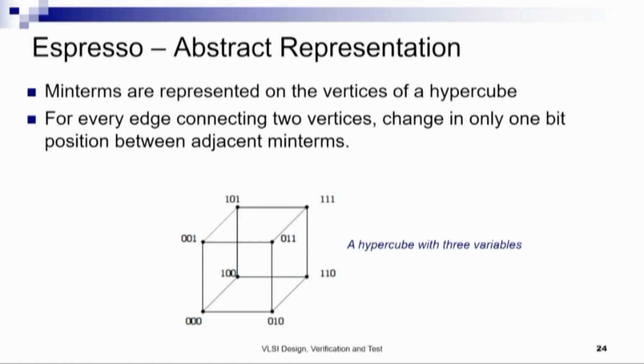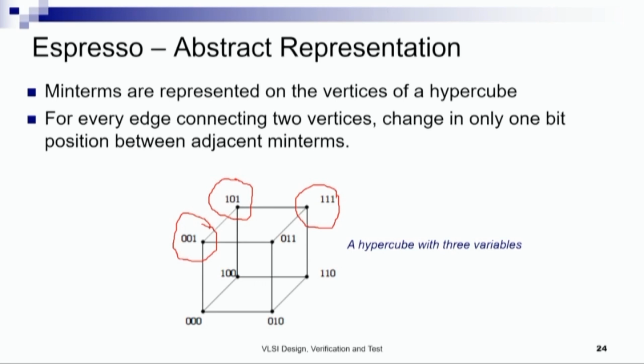For example, here this is a min term, this is another min term, this is another min term. This is a 3 variable function, and all the 8 min terms have been represented on the vertices of a hypercube. Here this is a cube, 3-dimensional.